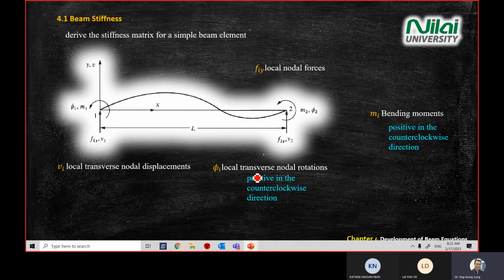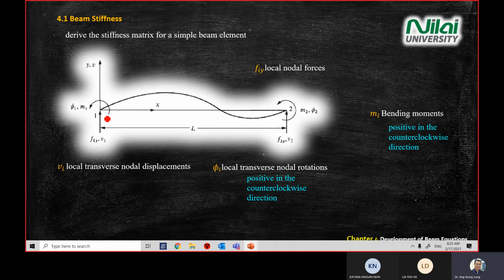Notation for local transverse rotation, or the twisting effect, is positive when it is anti-clockwise also. So moment and rotation are positive when you have an anti-clockwise direction.